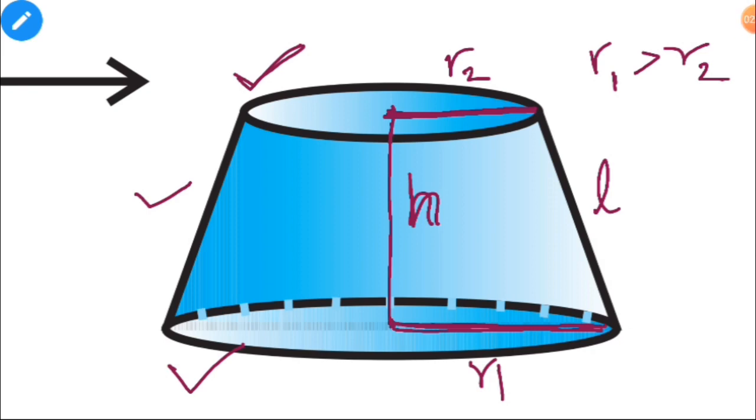Now, what is the relation between R1, R2, H and L? In this frustum of a cone, what is the relation between R1, R2, H and L? To find the relation between these four dimensions, we will draw a line segment here like this.